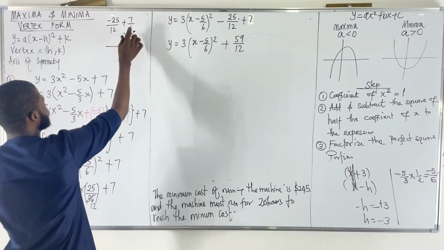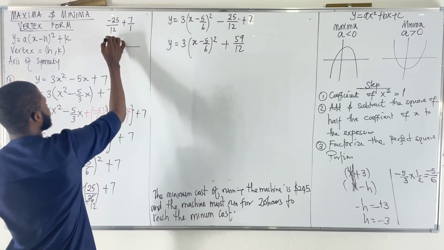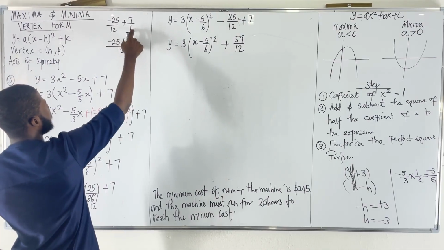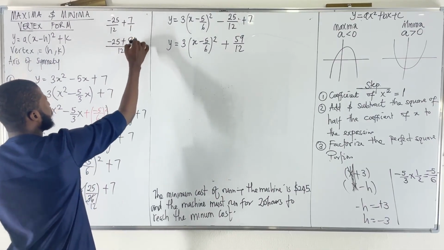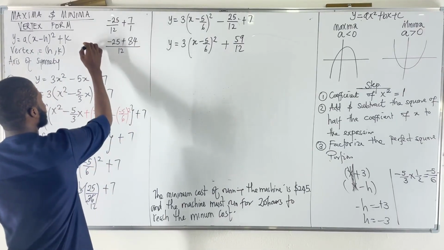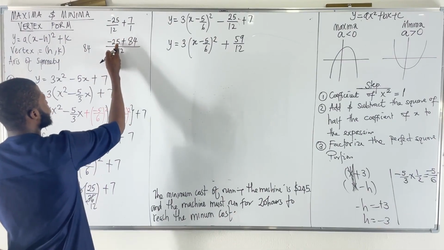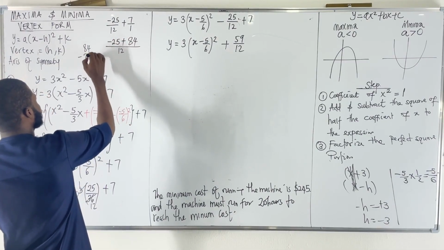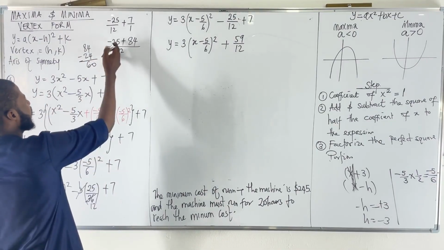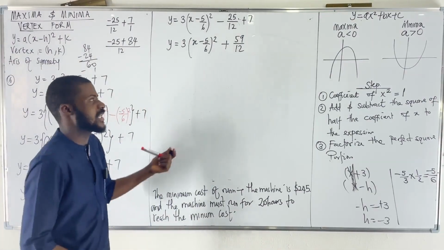So the LCM is 12. 12 divided by 12 is 1. 1 times minus 25 is minus 25. Then 12 divided by 1 is 12. 12 times 7 is 84. So what is minus 25 plus 84? Let me say this is 24, so minus 24 gives me 60. Then do not forget that there was a minus 1. So that's 59 over 12. Or you could just use a calculator.